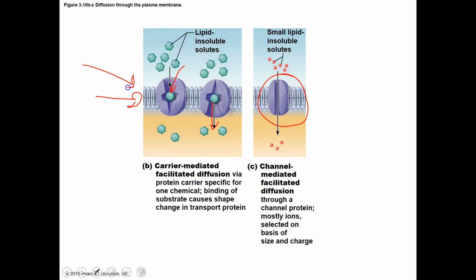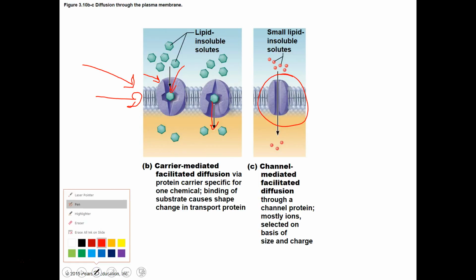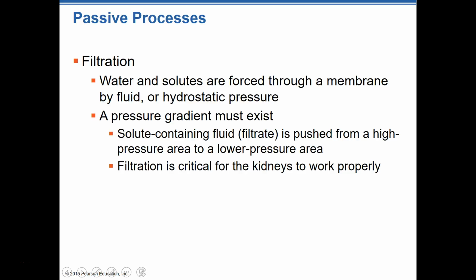These are not taking up energy to do it. It's just this protein changing shape in the presence of that particular substance. But it requires that protein in order for it to get in and out of the cell, so it can't move across there very fast. So that's kind of the issue with, say, glucose. It can't move across there very fast, so we have to have a means to get it across there.